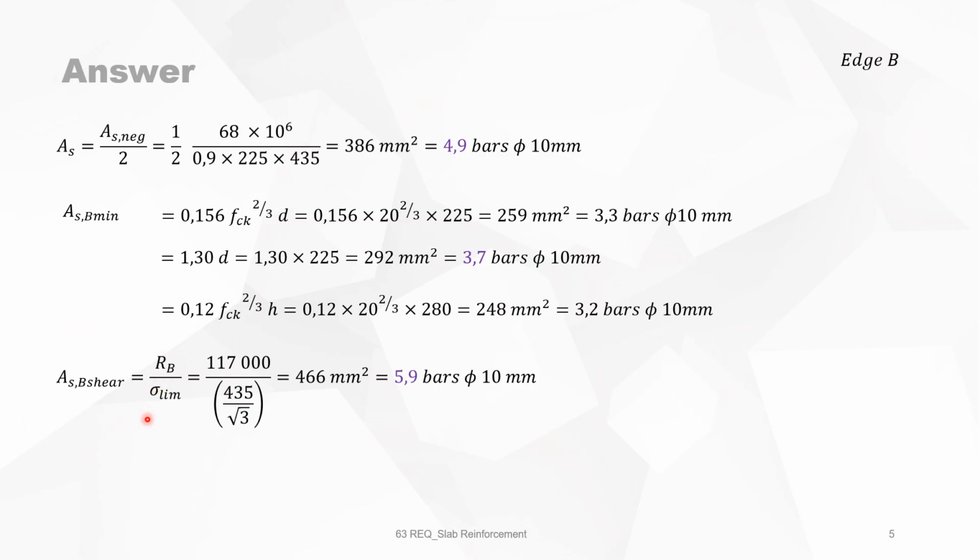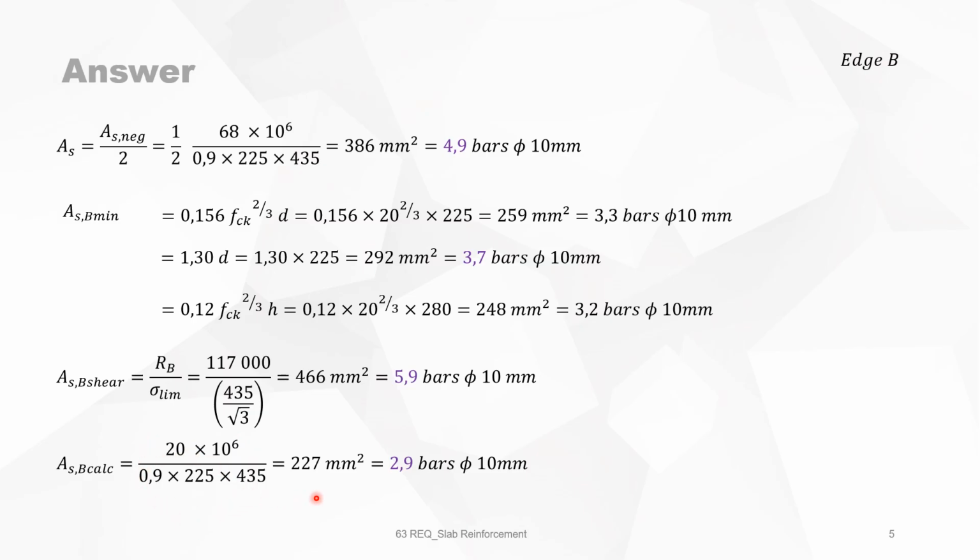And for shear, we have a reaction at HB of 170 kilonewton divided by the admissible stress for shear, and we end up with 5.9 bars, diameter 10. The calculated reinforcement at HB for the negative bending moment is 20 kilonewton meter per meter divided by 0.9 times the effective depth and divided by the yield stress.